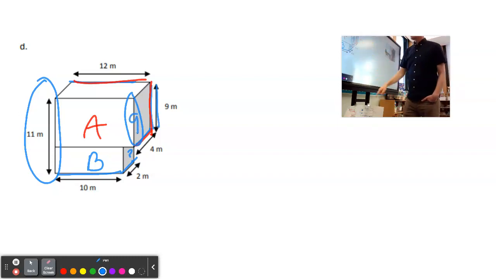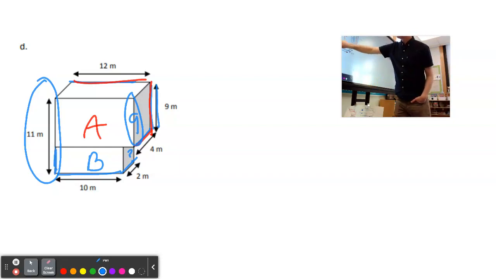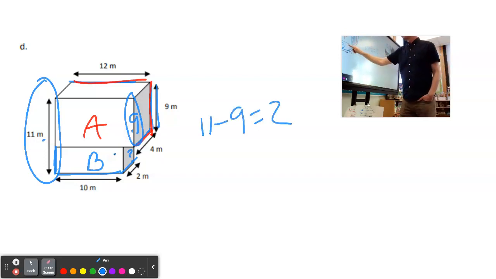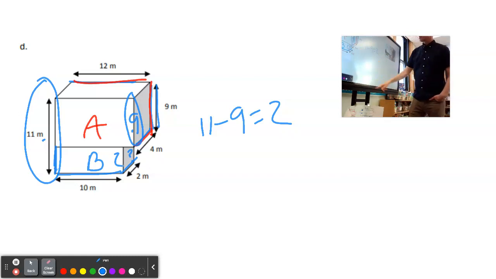So I believe that this has to be the difference of 11 and 9 equals 2. So here the height is 2, because 2 and 9 would make 11. All right? That's what I mean by using the clues to figure out certain dimensions.